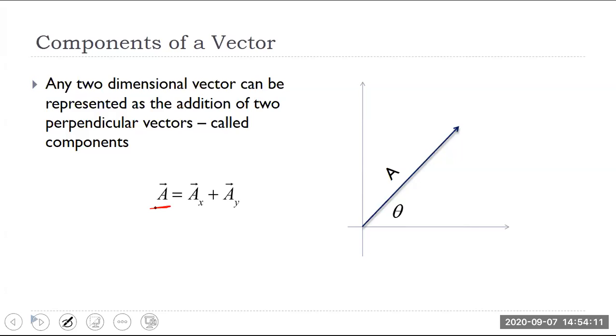And so the way that it works is I want to create two vectors that, when I add them together and when they are perpendicular to one another, give me that resultant vector, that A.